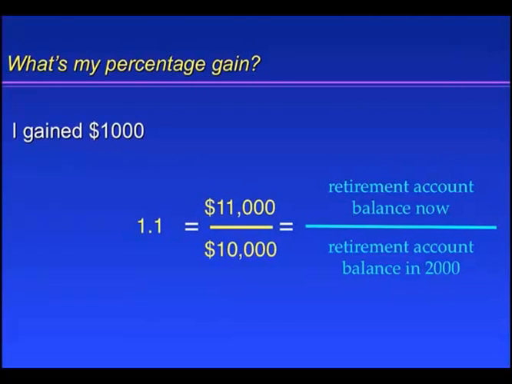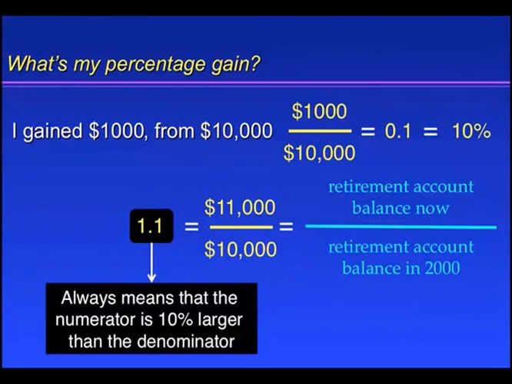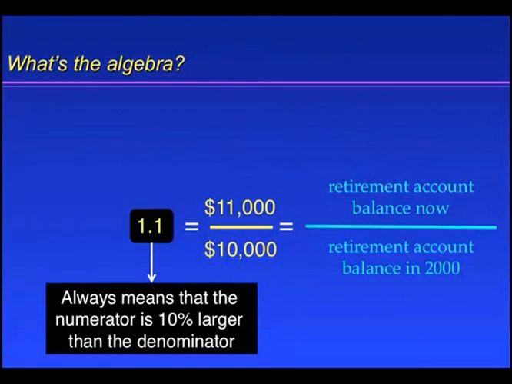Well, I gained $1,000 from $10,000, and 1,000 over 10,000 is 0.1 or 10%. But that information is contained in this ratio. A ratio of 1.1 always means that the numerator is 10% larger than the denominator. What's the algebra? 1.1 minus 1 equals 0.1 equals 10%.